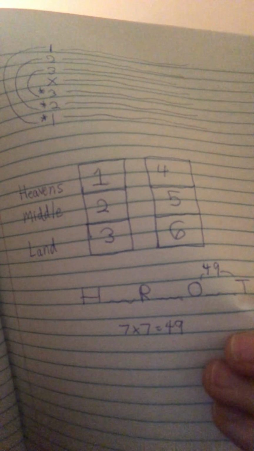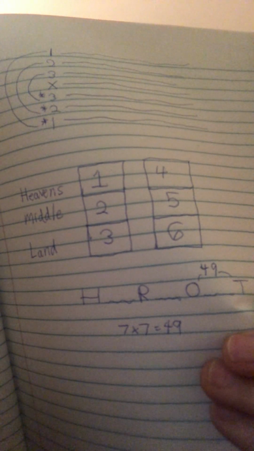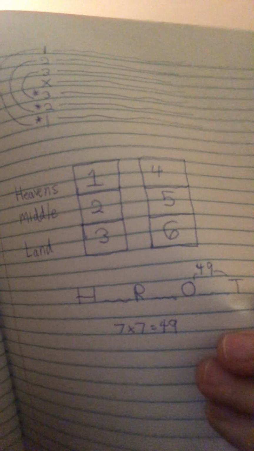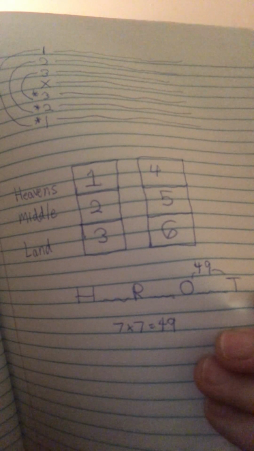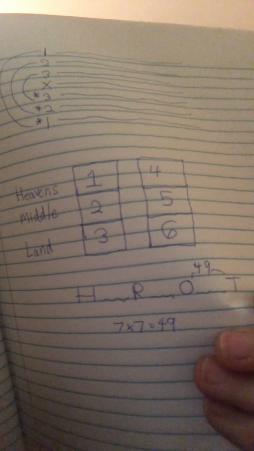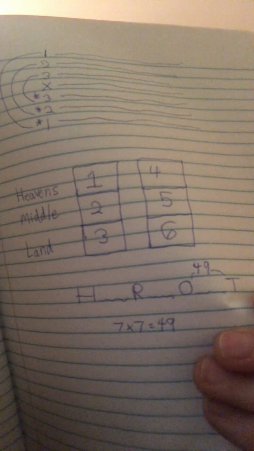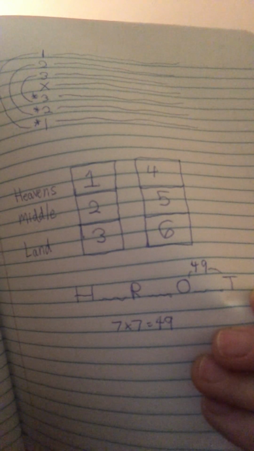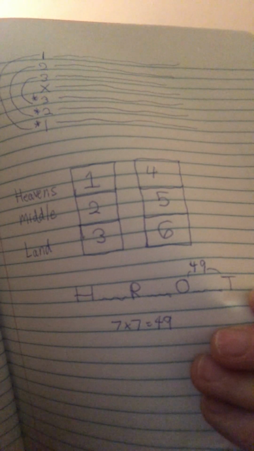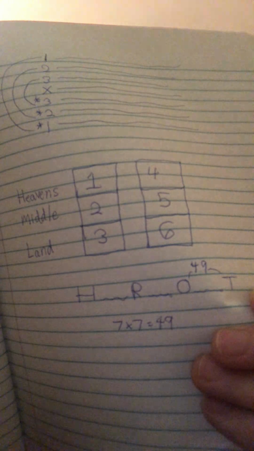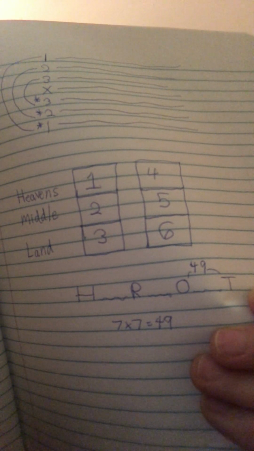The first column, so you have columns and rows. The first column, the one that's 1, 2, and 3, are involving the division. It's not so much creation as it's a division of something to reveal something else. So in day 1 you have darkness, and then Elohim divides light from the darkness and calls it day.